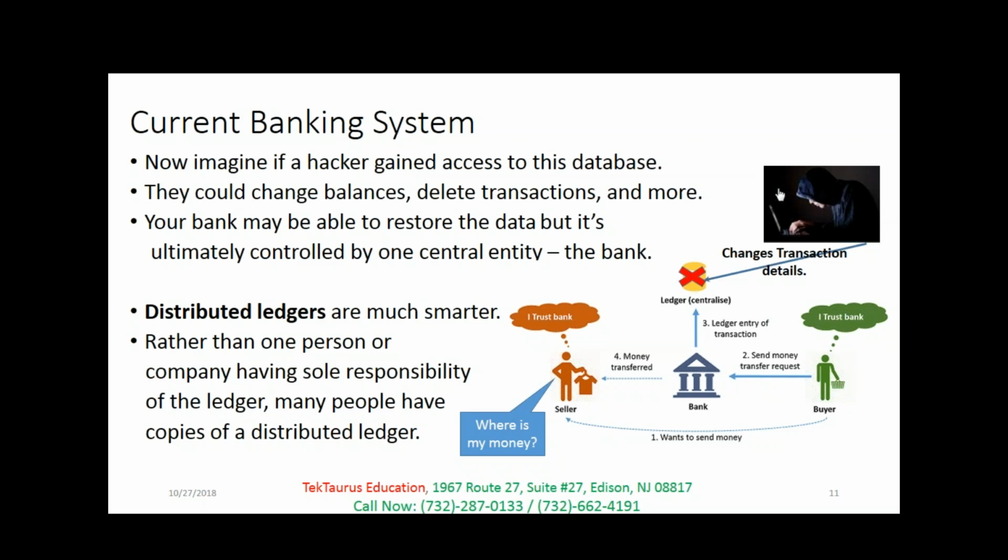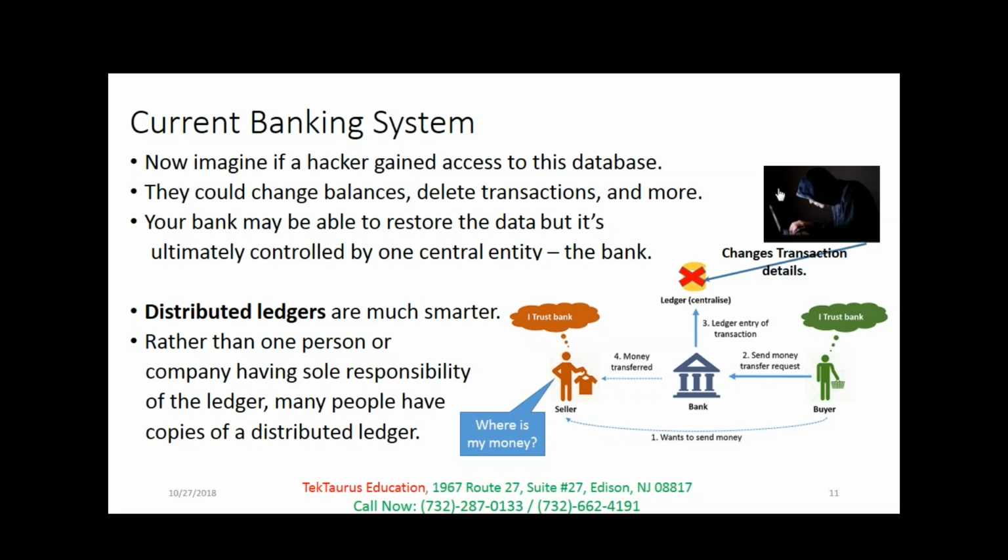Suppose the bank is not investing much in security policies, or is not updated with the latest standards to protect against security leaks. Generally, all the banks do everything they can, but ultimately we are dependent on them.